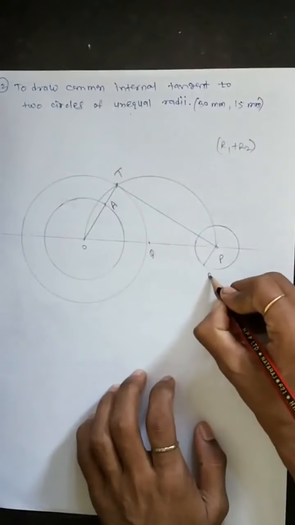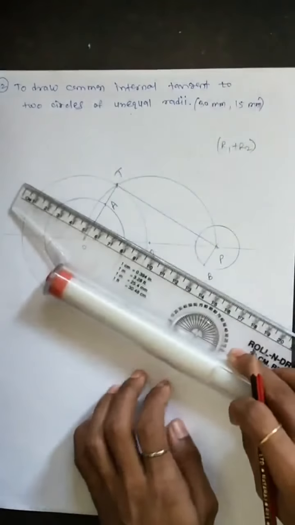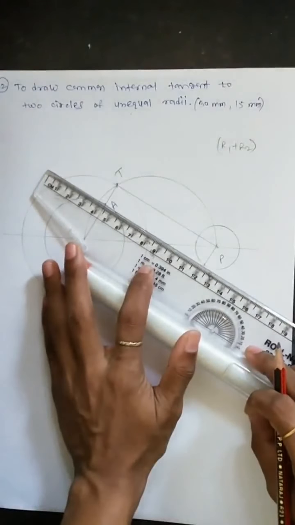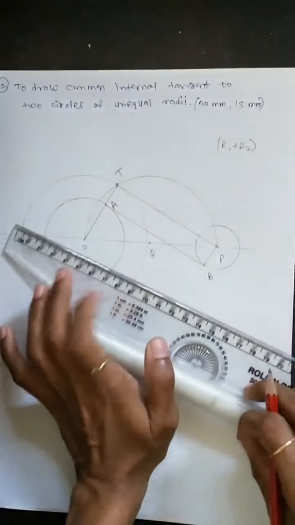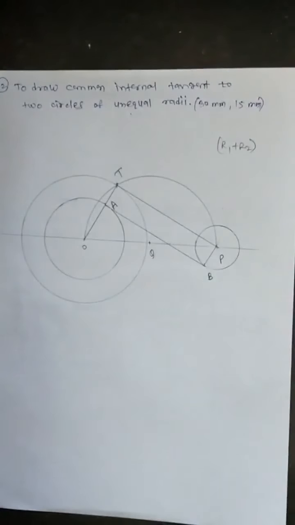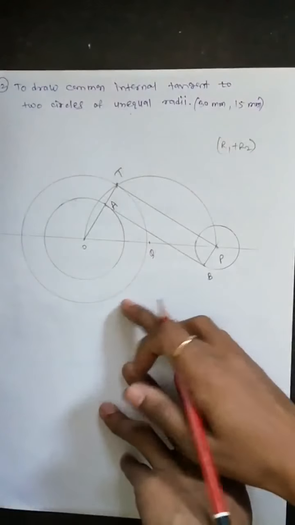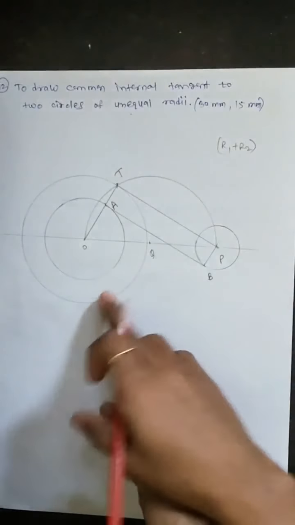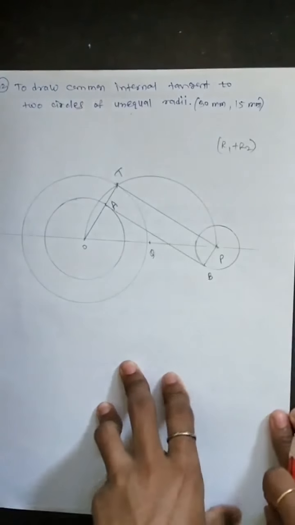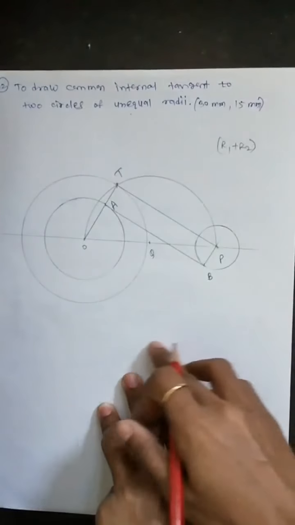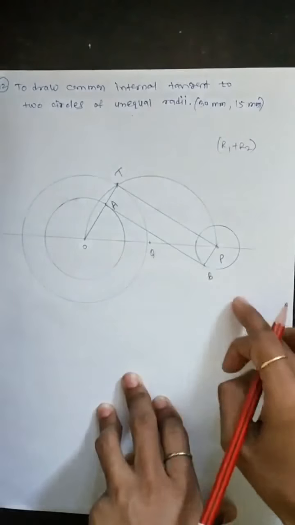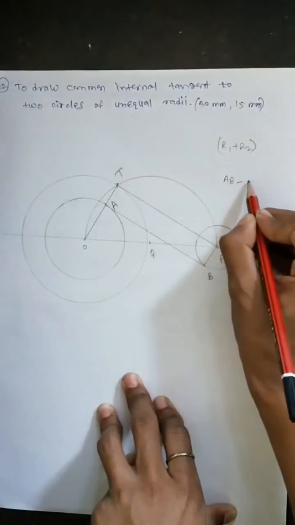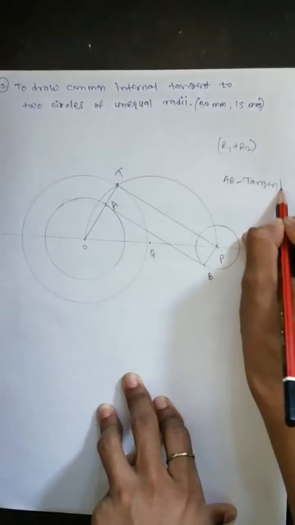Now join A and B. So join AB, which is the required internal tangent to these two circles having radii 30 mm and 15 mm. So this is the complete procedure for drawing the internal tangent. So AB is the internal tangent to these two circles.